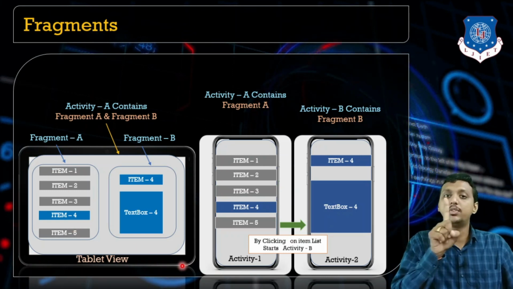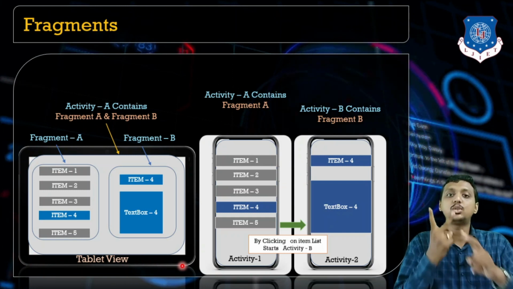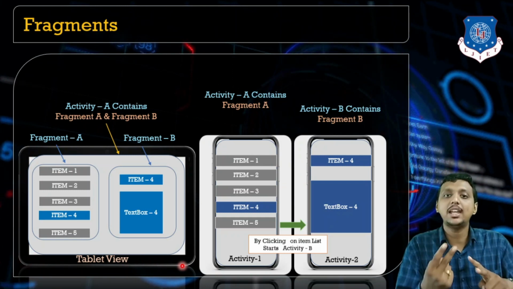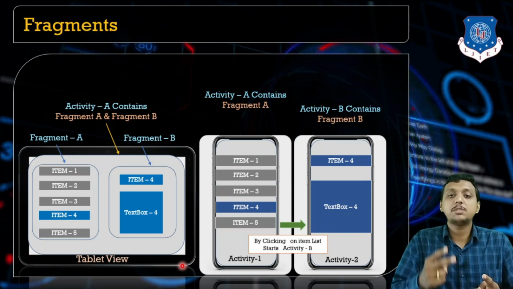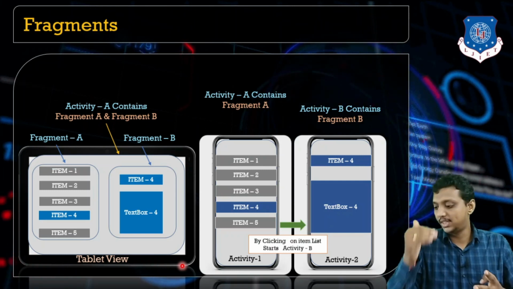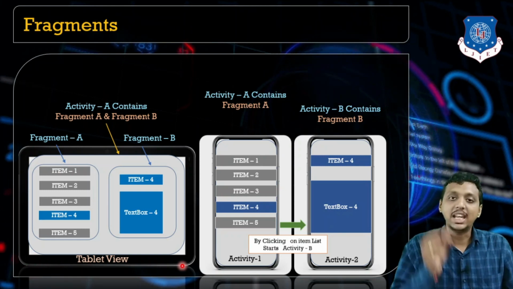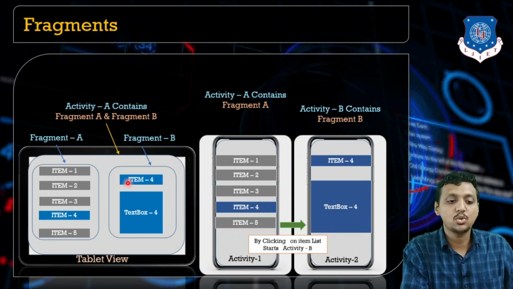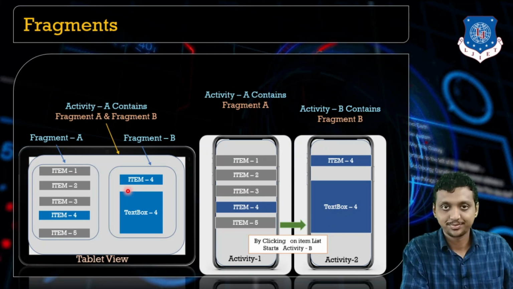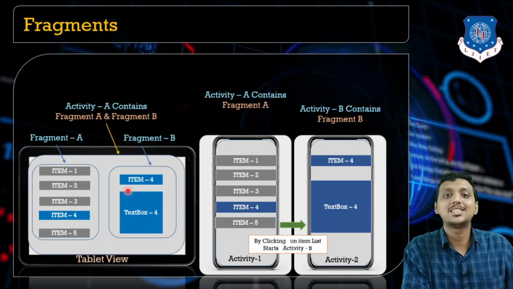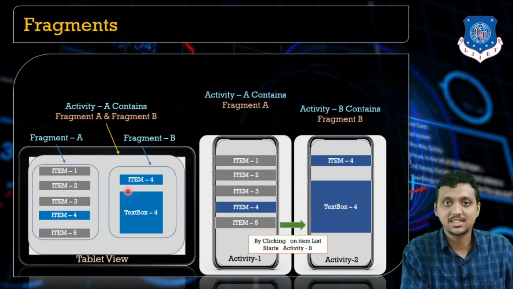Only one activity is there, but it contains two different fragments, fragment A and fragment B. Here, students, fragment A contains the list of the items and fragment B contains the detailed overview. So when I click on any item, it will just open like this. This is the example of the fragments.